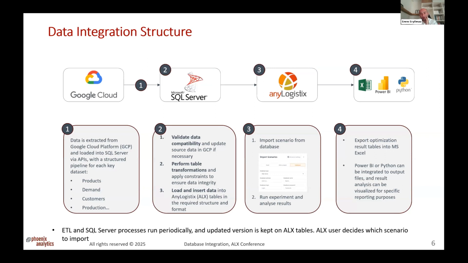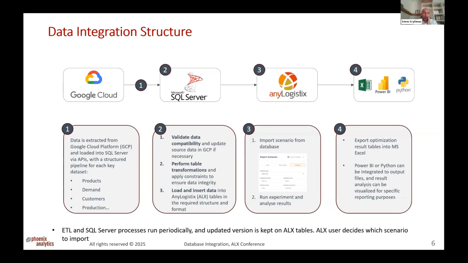Then, after several steps, which I will go into in detail, we converted this raw data to the table structure that ALX wants to read, the ALX format, let's say. And finally, it is possible to get the experiment results and optimization results into different reporting tools. You can still use Excel, but if you want to integrate it with Power BI, it is very easy if you want to create some custom reports.